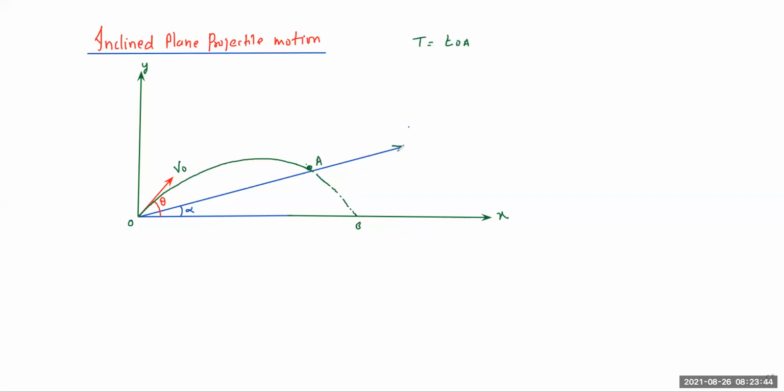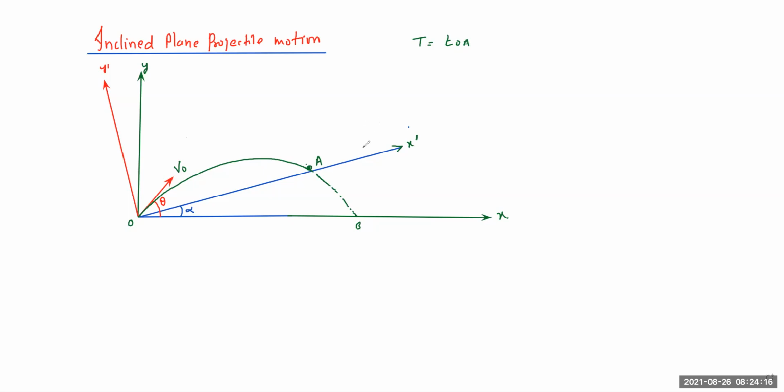Let's call this x dash. The other one we can call y dash, which is perpendicular to the inclined plane. So we have two sets of Cartesian systems, and we'll see how this assumption makes the calculation really easy.